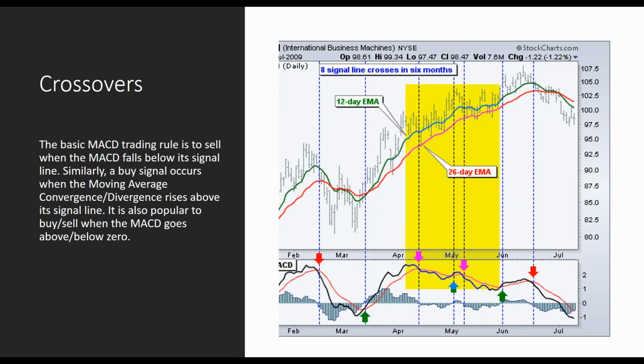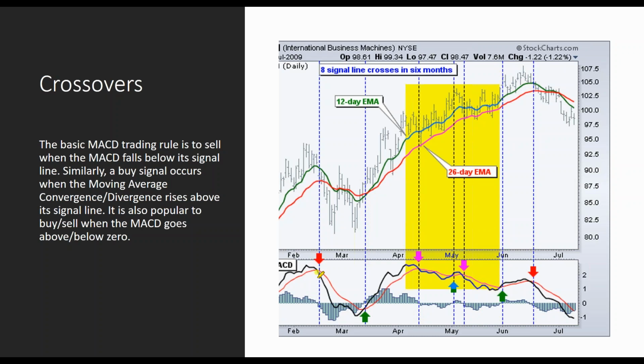Okay. Crossovers. The MACD trading tool rule is to sell when the MACD falls below its signal line. Similarly, a buy signal occurs when the MACD rises above its signal line. So in other words, we can see on this chart, what do we have?